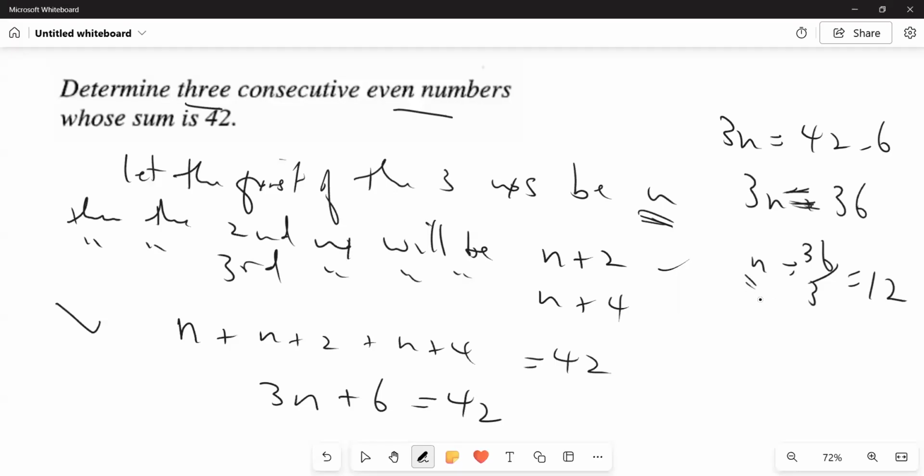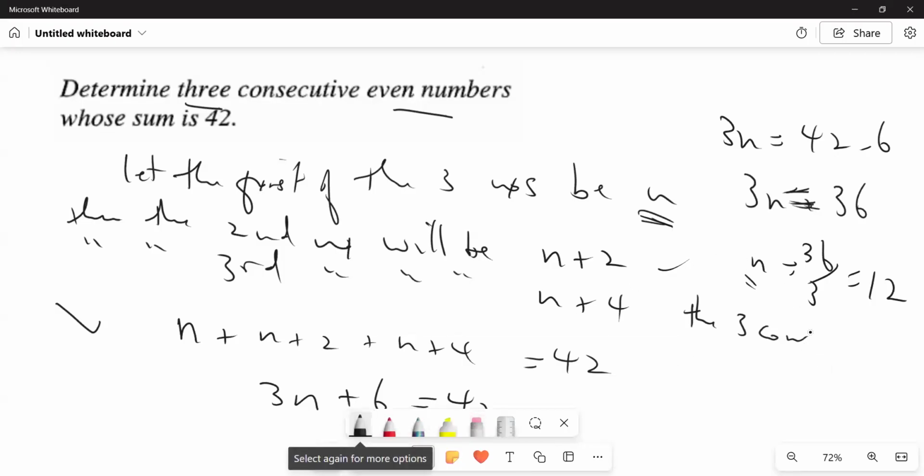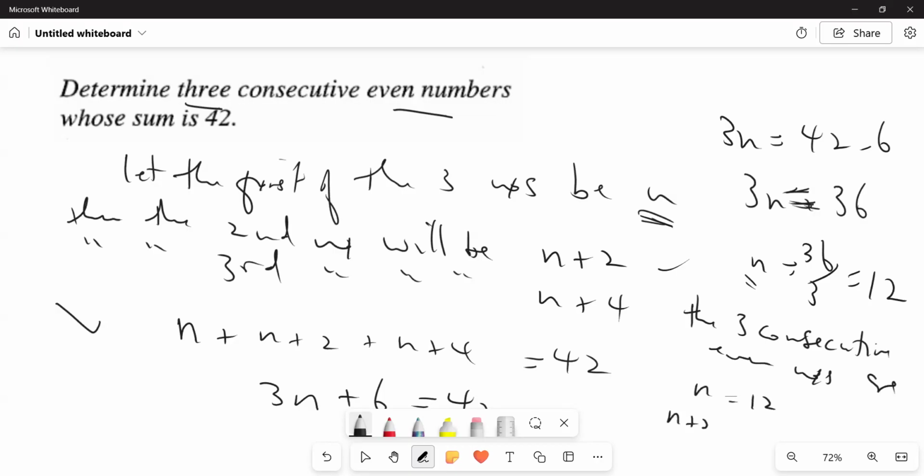So you're given n. You have to answer the question now. So the three consecutive even numbers are n, which is 12, n plus 2, which is 14, n plus 4, which is 16.